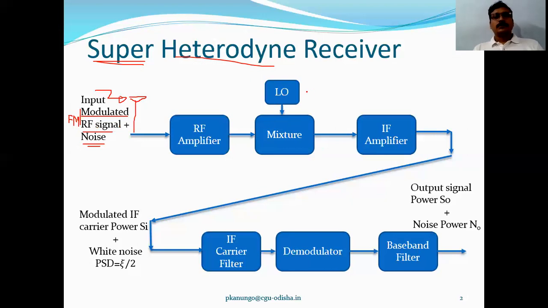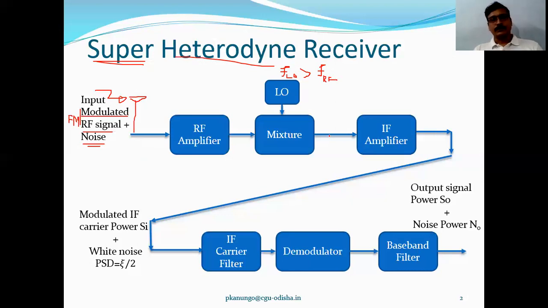Now once we multiply this local oscillator signal with these two terms, there will be frequency translation, because this local oscillator frequency is F_LO. The local oscillator frequency is very large compared to the F_RF, or radio frequency, or the modulated signal frequency. Therefore, at the output of the mixer, we'll get two types of signal.